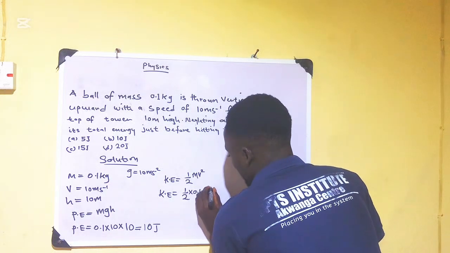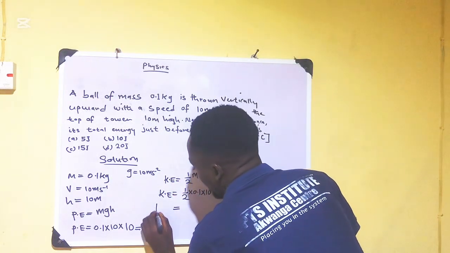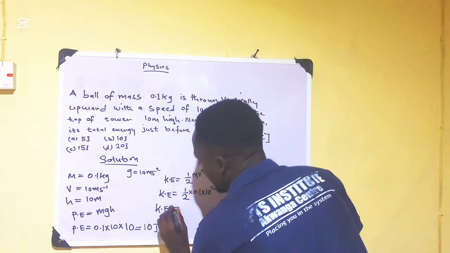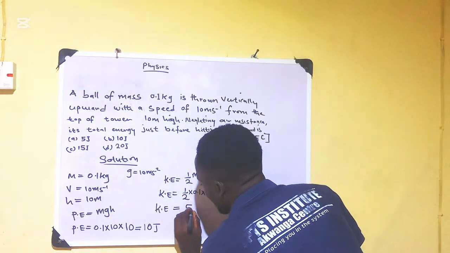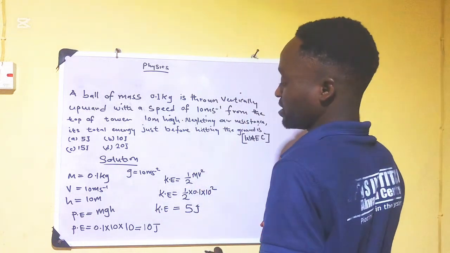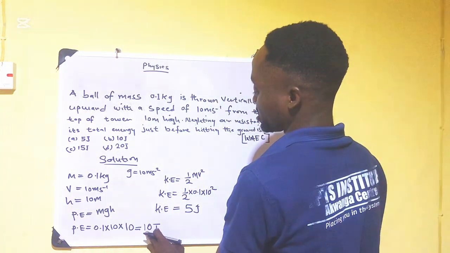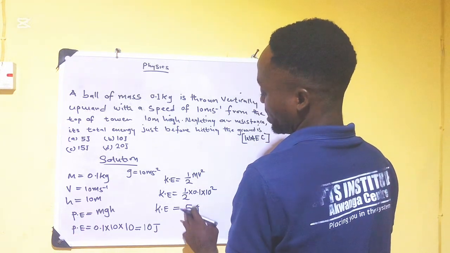Because it's squared, I'll square it. If I multiply this, I'll get that my kinetic energy is 5 joules.